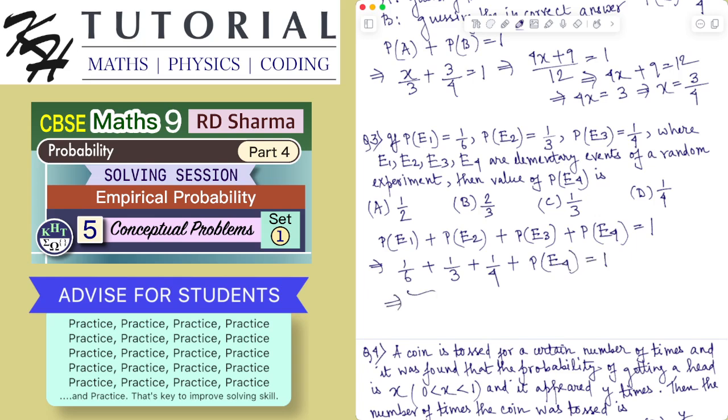Simplifying this part, this is (2 plus 4 plus 3) divided by 12 plus probability of E4 is equal to 1. This implies probability of E4 will be equal to 1 minus 7 by 12, which is 5 by 12. So the probability of E4 is 5 by 12.